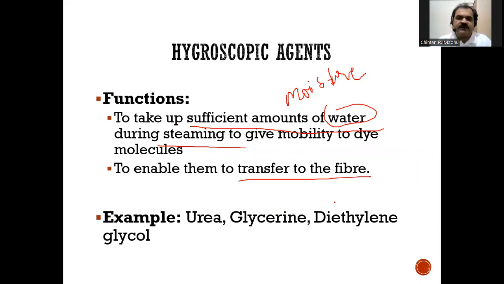Of course, when your fiber is in wet condition and your dye in a wet condition, they both will help each other to adjust with the atmosphere, and your dye will enter your fiber. That is the transformation ultimately. And examples are urea, glycerin, or diethylene glycol. So now you can memorize two or three slides which we had discussed before this point.